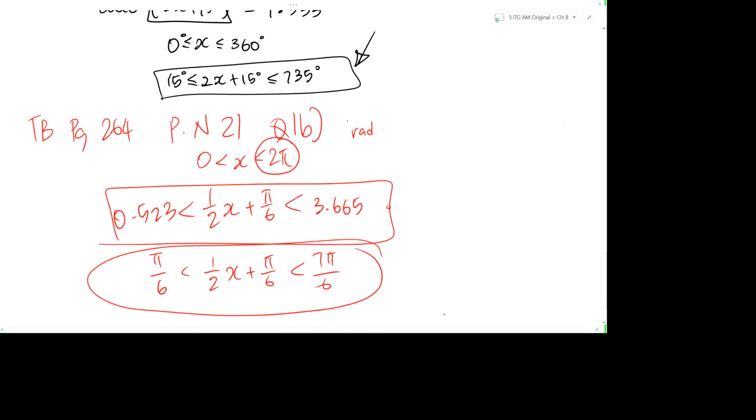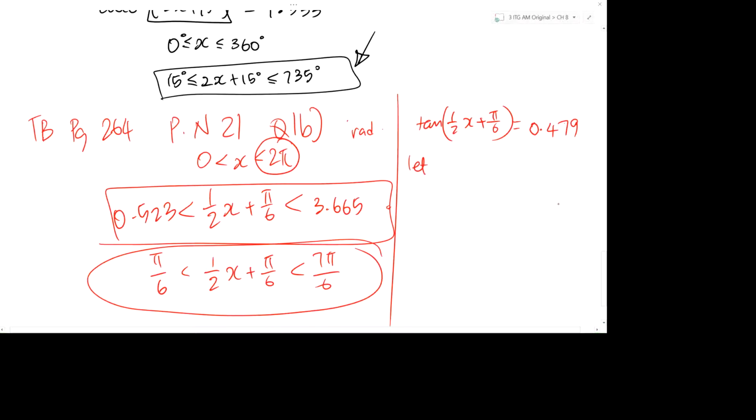Sorry? Alpha is in degree. In this question, is alpha in degree? No, you generate your alpha yourself. Okay. He has a very good point. You see in the question, it says that tangent half x plus pi over 6 is equals to 0.479.